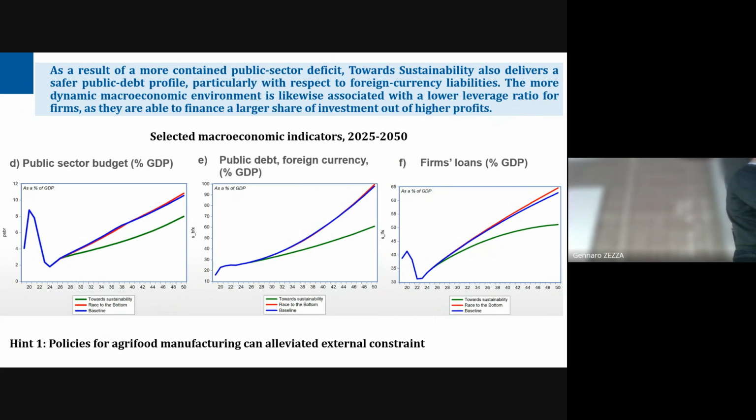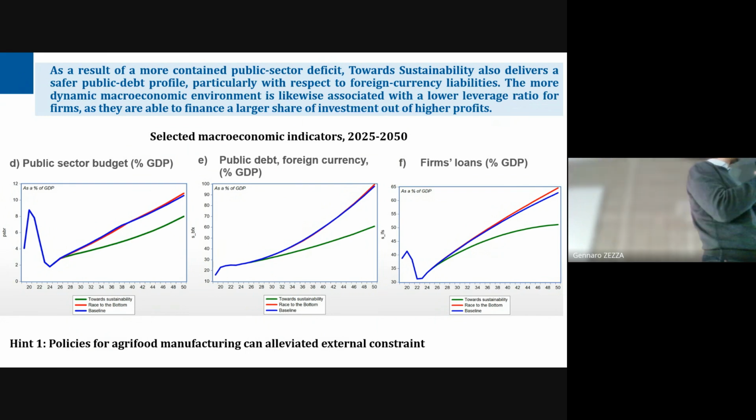Clearly, having a more dynamic environment, also external environment, means more consumption, so more sales for firms and less financial needs for firms, which can actually avoid the issuance of approximately 10% of debt, of loans, by 2050.